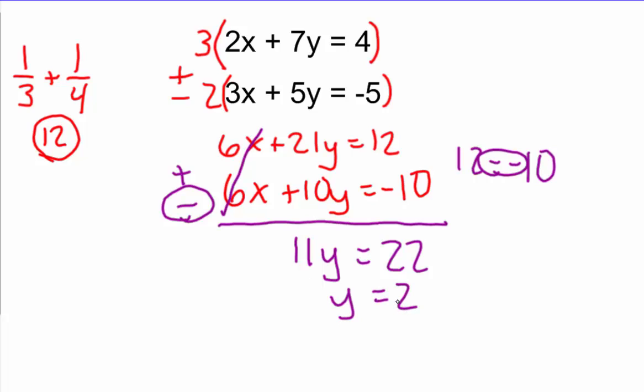Now I need to plug this value into either the top or bottom equation. Your choice, whichever one looks easier. I'm going to choose the top because it doesn't have any negatives. But either one will work for us.